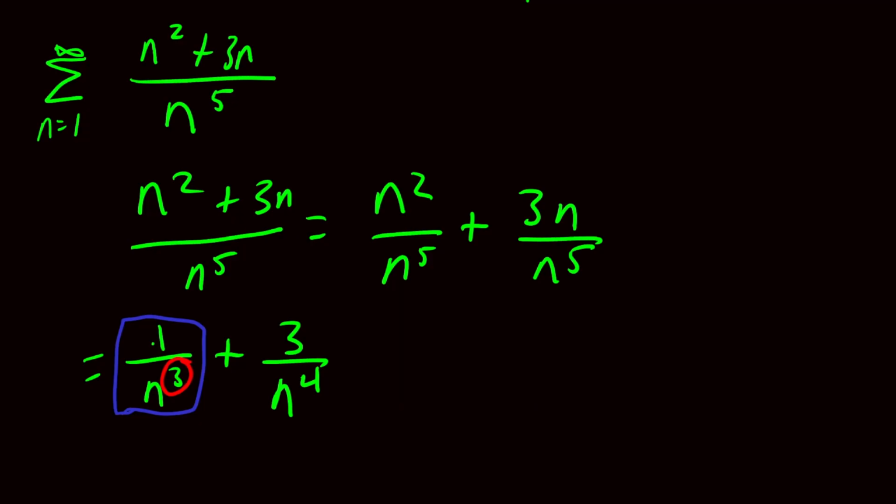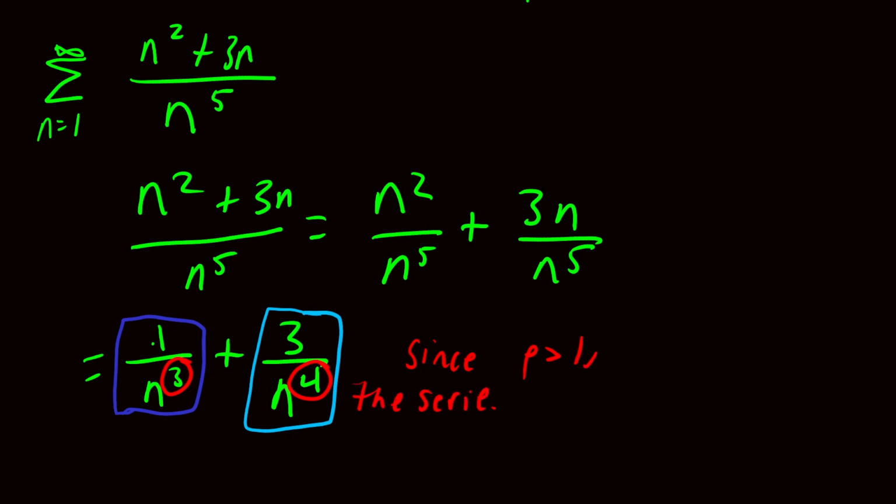The second term also converges because p is 4, which is bigger than 1. Especially in FRQs, they're going to want you to write everything out: since p is bigger than 1, the series converges, and you have to write out what p is. I'm a little too lazy to do that here, but make sure on the AP exam you write out what p is.